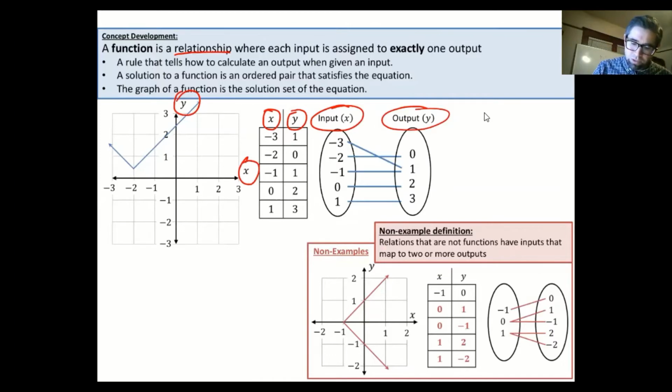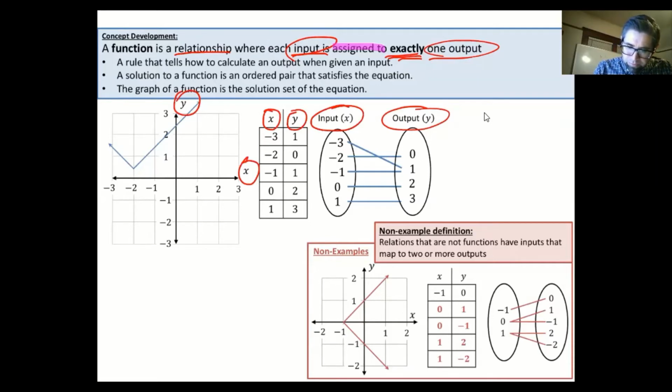Now, a function is a relationship where each input, okay, let me slow down. Each input is assigned. Now, this word assigned right here is pretty important, where each input is assigned to exactly one output. All right, so let's think about that. It's a relationship. We already know we have x and y here, but each input. Now, let me tell you which one is going to be the input for us.